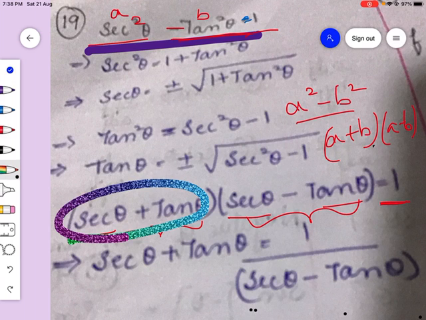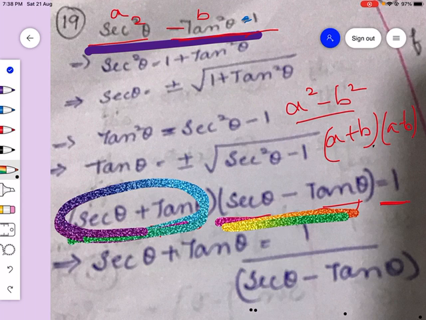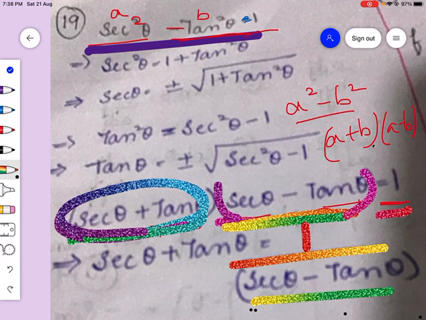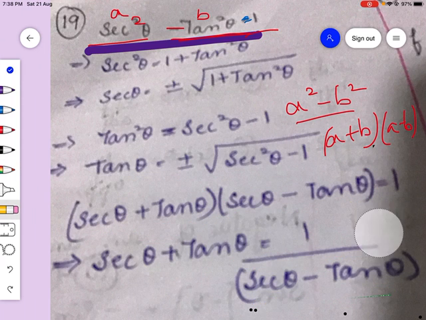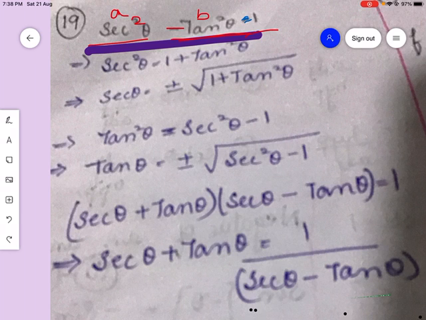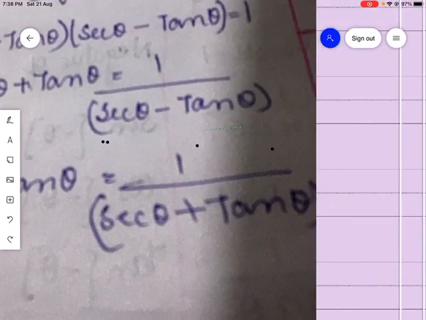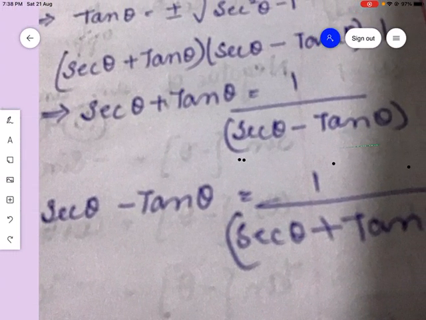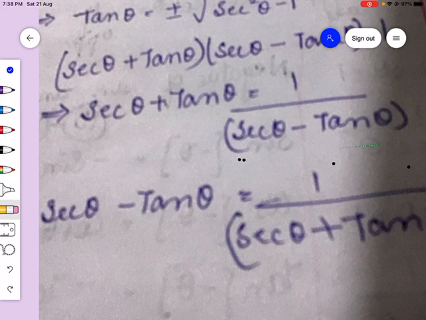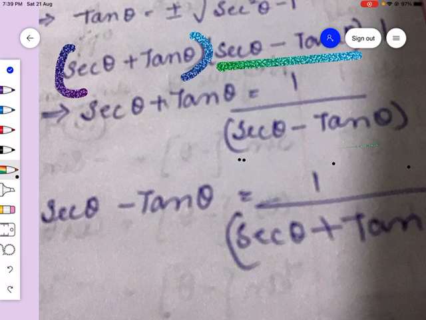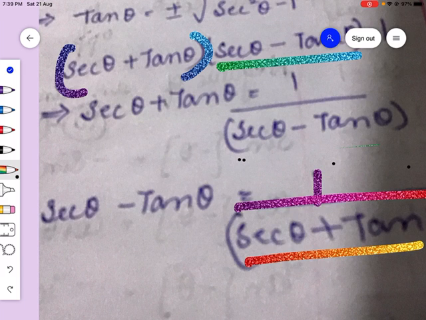Keeping this secant theta minus tan theta here, we send the secant theta plus tan theta to the right-hand side, and we get 1 by secant theta plus tan theta.